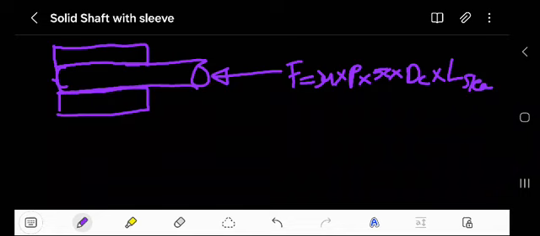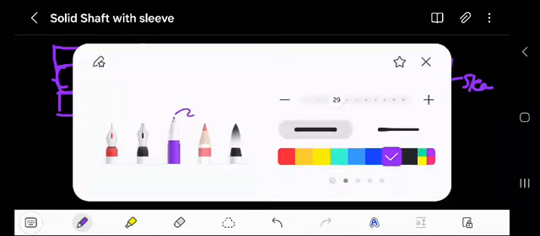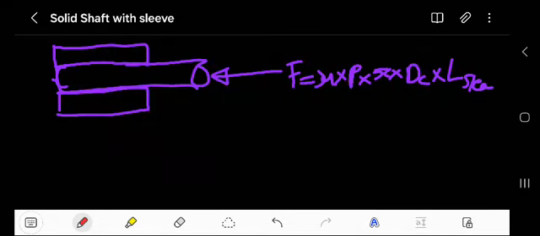Then our common diameter is this one here, between the shaft and the sleeve. We have now the common diameter there. I've highlighted it with red. That is our common diameter.